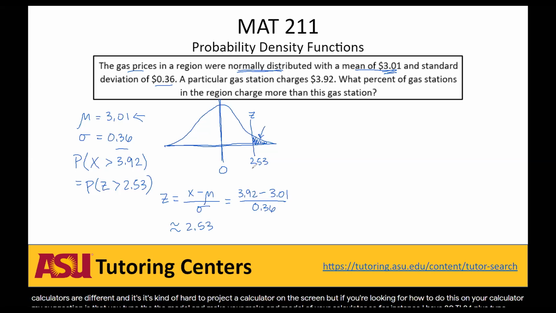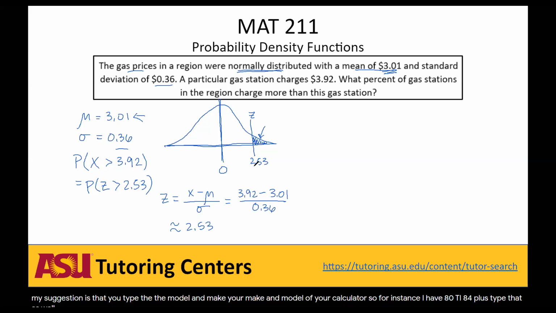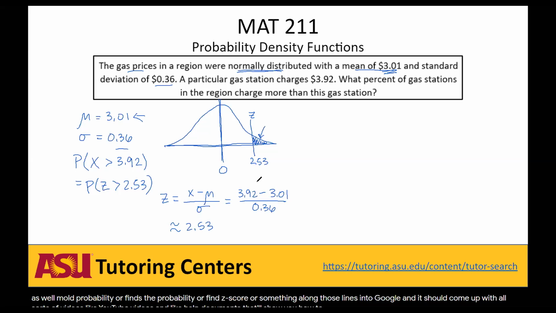Type that, as well as something like find a normal probability, or find z probability, into Google, and it should come up with all sorts of YouTube videos and help documents that'll show you how to get your particular calculator to find these probabilities that correspond to our z-scores.